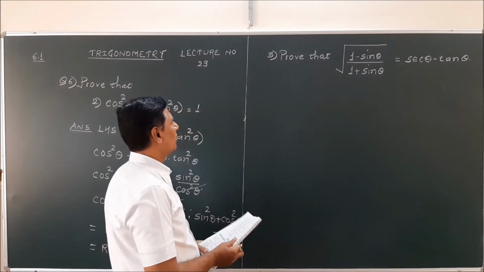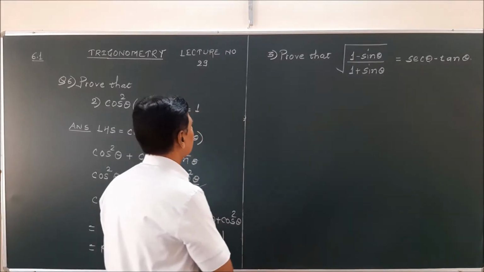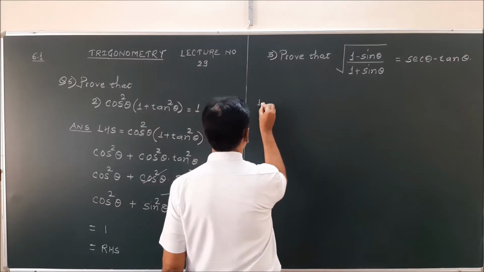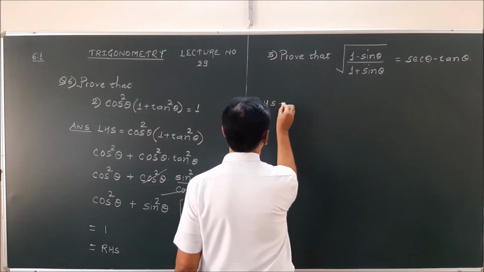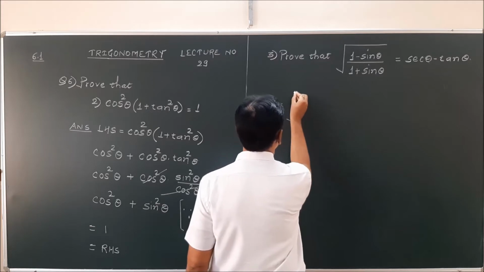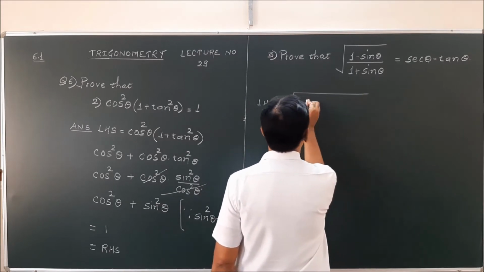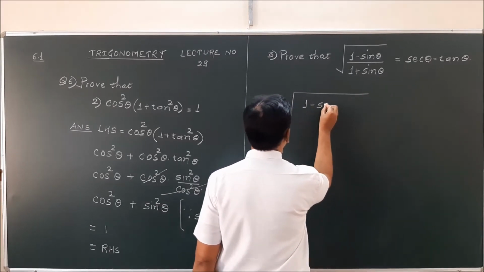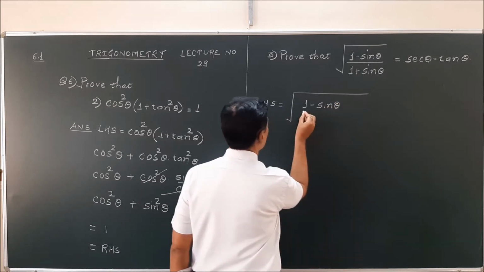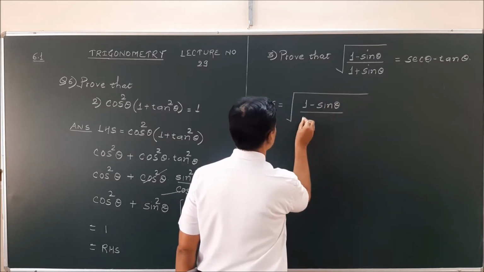So we can say over here that LHS is equal to 1 minus sin theta upon 1 plus sin theta.